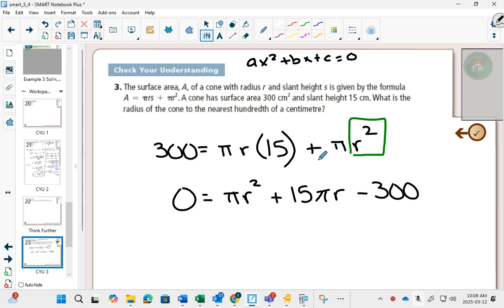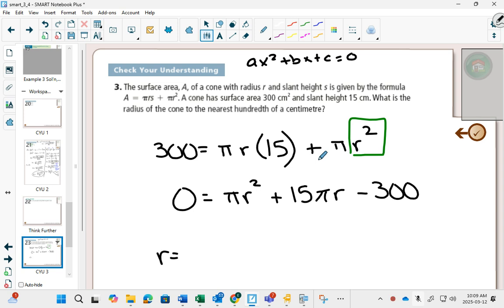First of all, I do a quick look. There's no common factor in the whole thing, so I always check for that common factor. With the pi, I'm pretty sure I'm not going to be attempting to factor this. And with the pi, I also feel like completing the square would not be very much fun, because you'd have fractions that involve pi. So the quadratic formula seems to be the best bet.